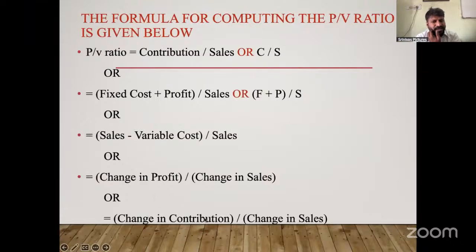Otherwise, sometimes they will give the contribution also. Change in contribution by change in sales we can also use. With the help of these formulas, we can calculate the PV ratio, profit volume ratio.